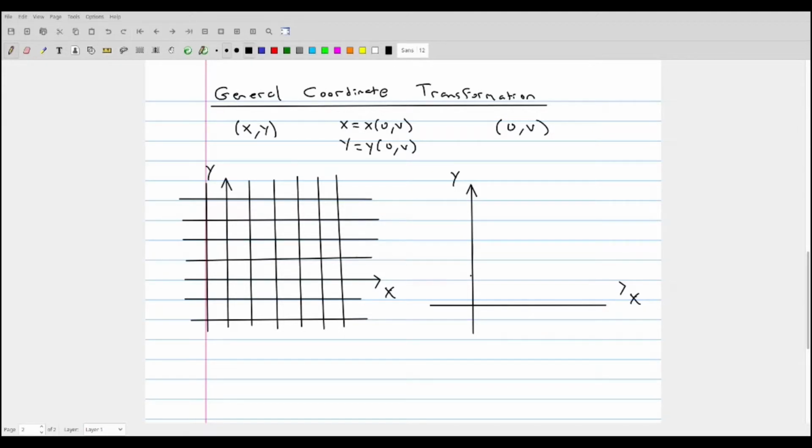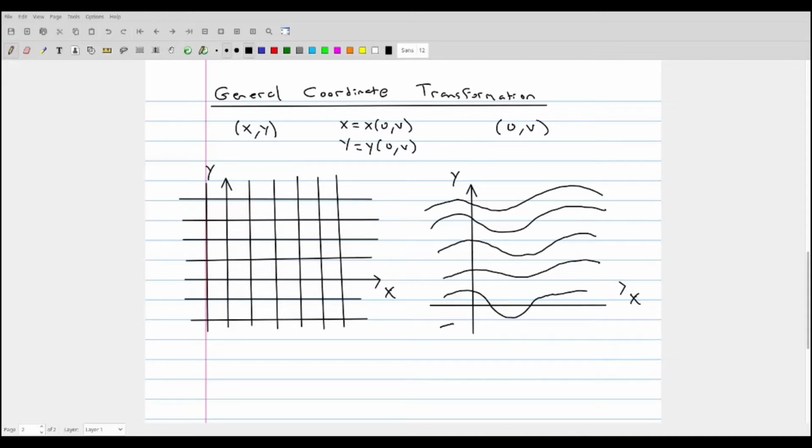The idea is that, let's say the coordinate curves are maybe very, very complicated. So kind of like this maybe.